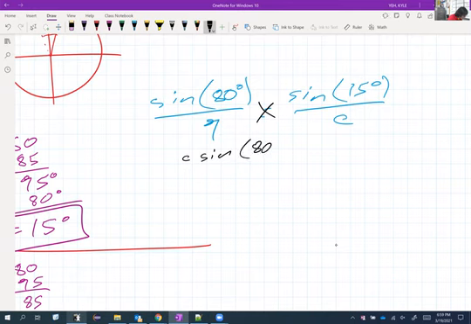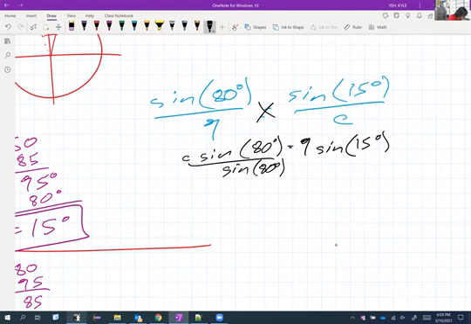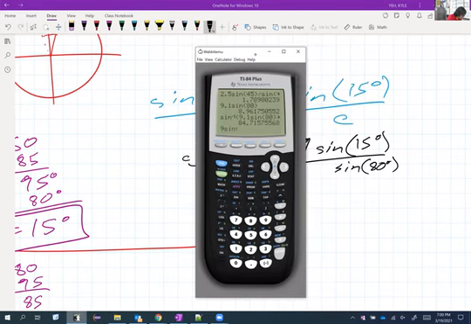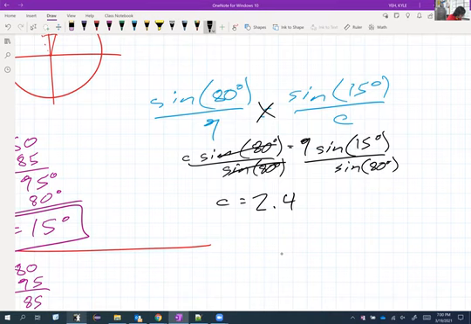C sine of 80 degrees equals 9 sine of 15 degrees. Divide by sine 80. C equals 9 sine 15 divided by sine 80. And we're told that's 2.4 if we round to the nearest tenth. C would be 2.4 in this case.